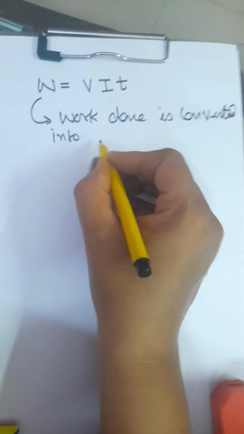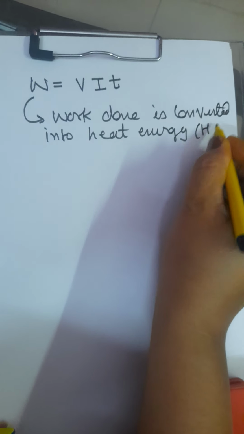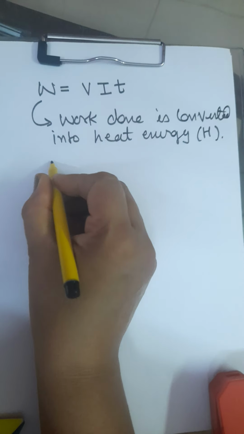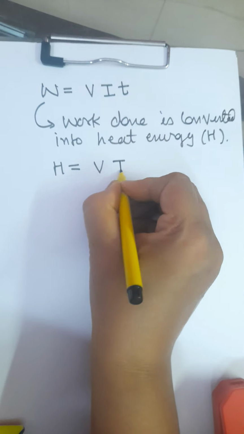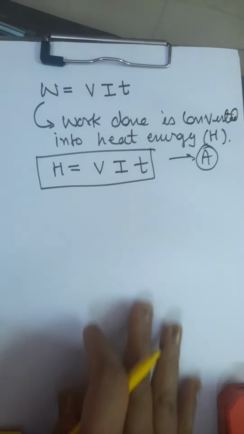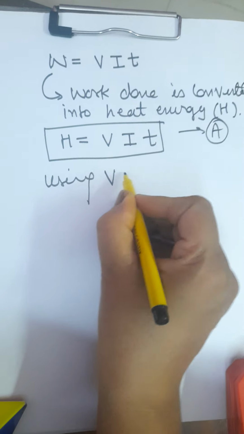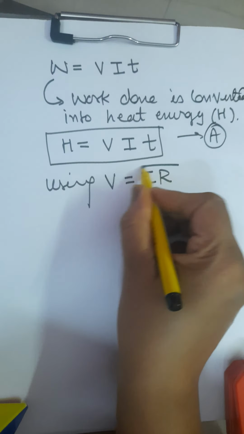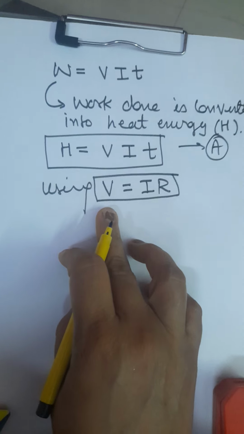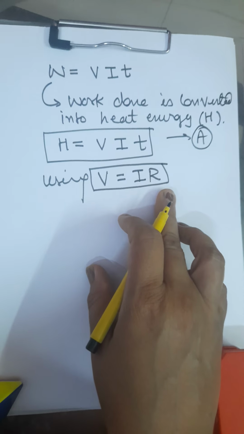So work done is converted into heat energy, and I symbolize heat energy as H. Right, children? So I write H is equal to VIT. This is one formula. We can use this, or, children, Ohm's law, you remember it? Ohm's law is V is equal to IR, where V is potential difference, I is current, and R is resistance.